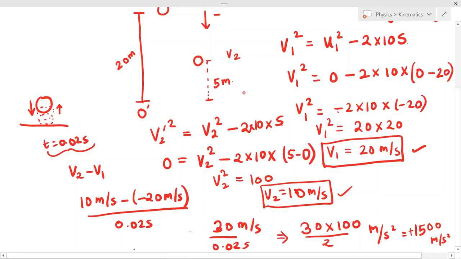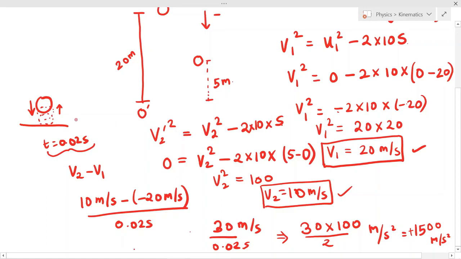In that time span the ball changes its speed as well as its direction. That is, its velocity is changed in that time span, and hence we take this time interval in the denominator.